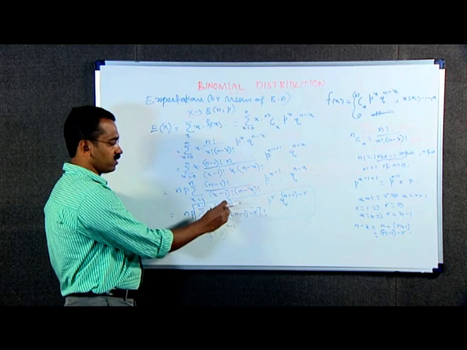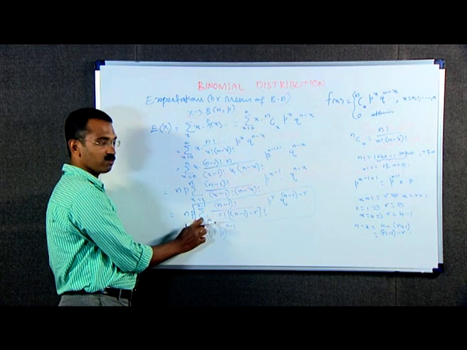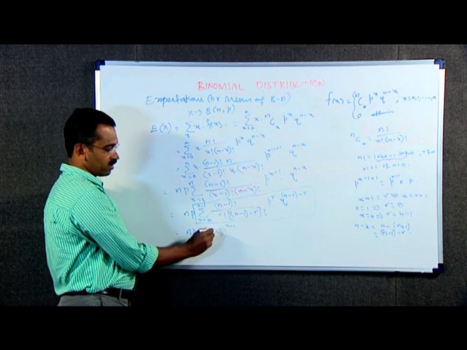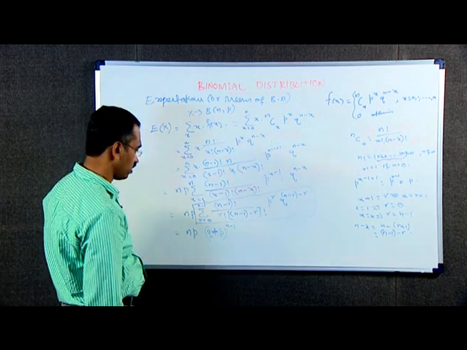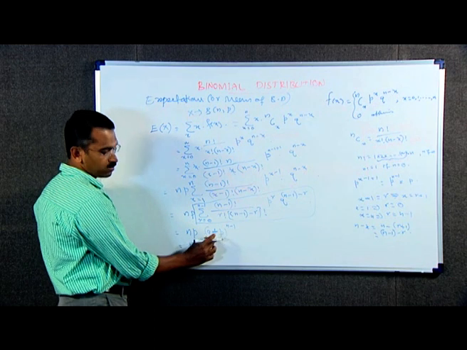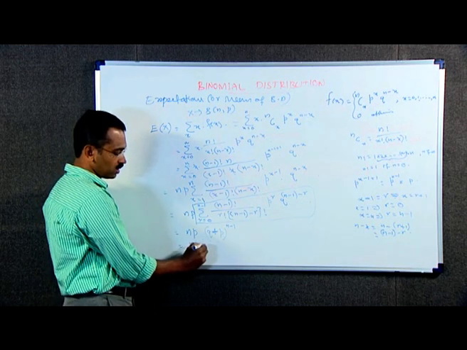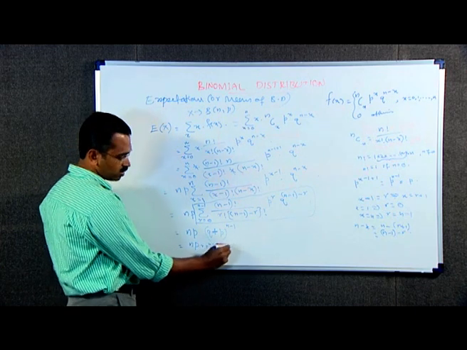If we expand this summation by substituting the values of r, we get the binomial expansion of q plus p all raised to n minus 1. That is equal to n p into q plus p, which is 1, raised to n minus 1, 1 raised to n minus 1 is 1, therefore, this is equal to np.